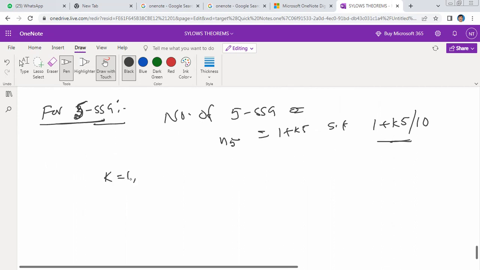K is equal to 0. Put K is equal to 0: 1 plus K5 means 1 divides 10. Correct, possible. K is equal to 1: 1 plus 5, 6. Does 6 divide 10? No. Not possible.